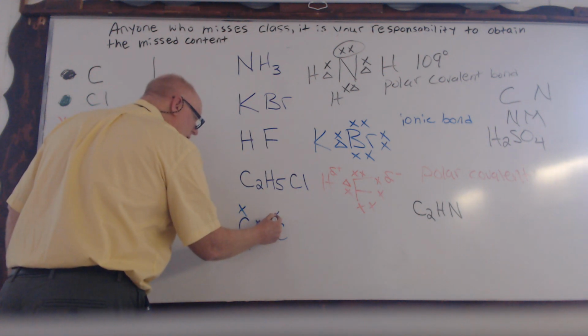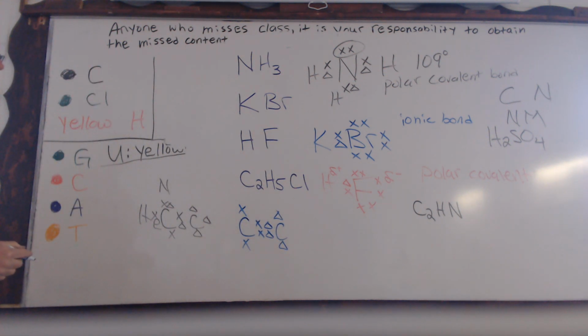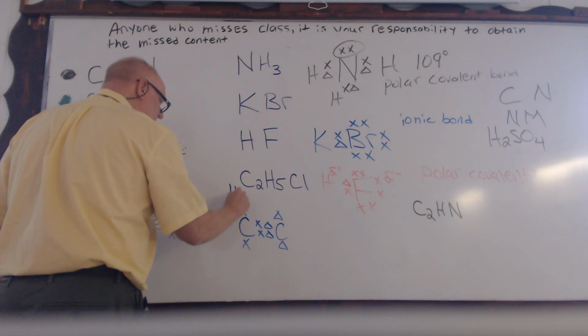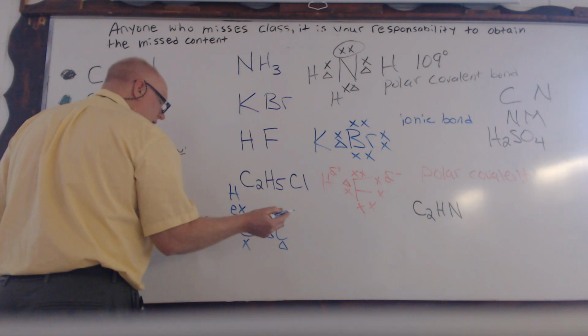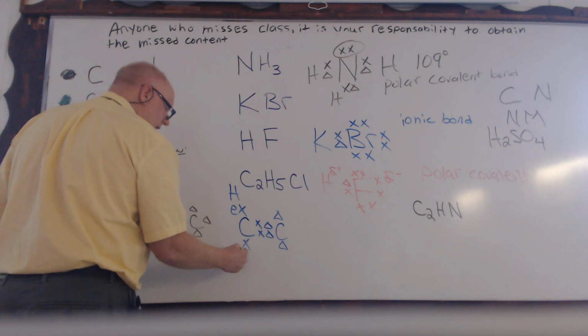We go here and here, and that takes care of that carbon. I don't know yet. We have a hydrogen, we'll put that here. And then maybe a nitrogen makes a single bond down here.